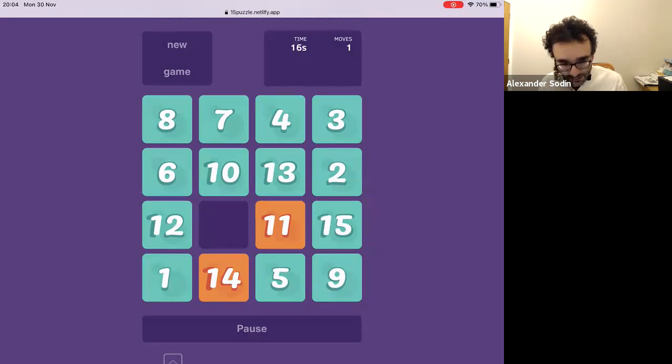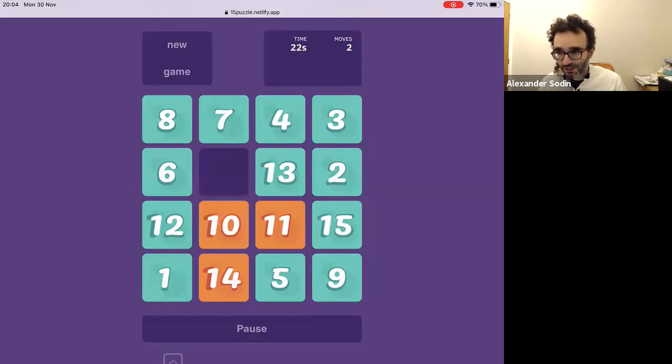A legal move is to take one of the squares adjacent to the empty square and to move it there. It's a sliding puzzle from the 19th century, and the goal is to order the numbers from 1 to 15. So these three are colored in orange, since they're in the right place. Is this okay? Any questions on this?